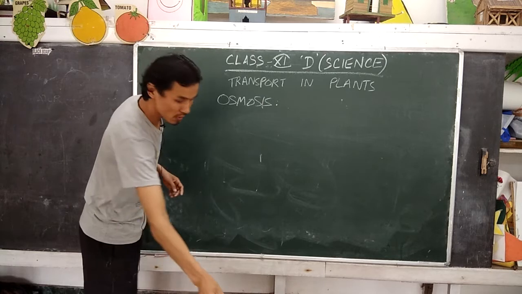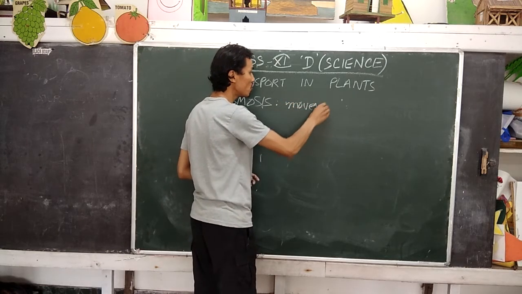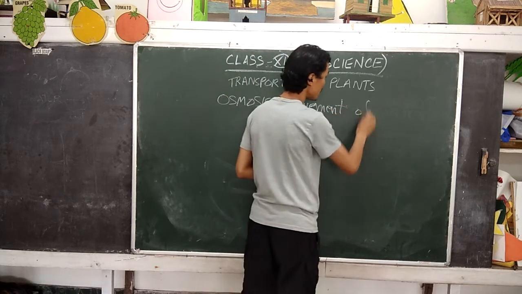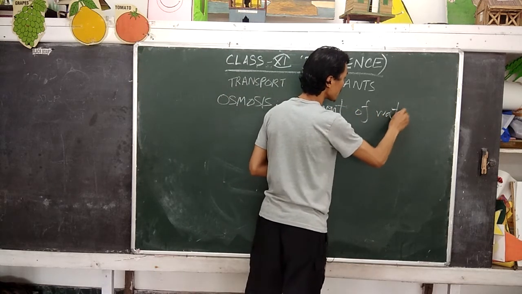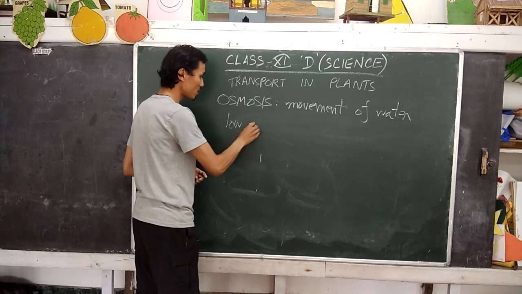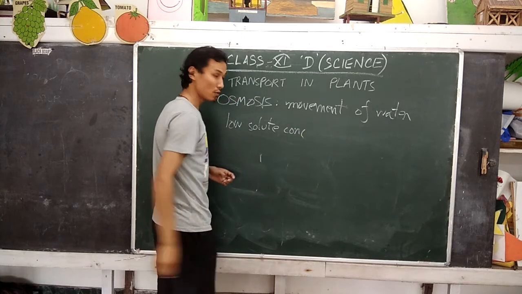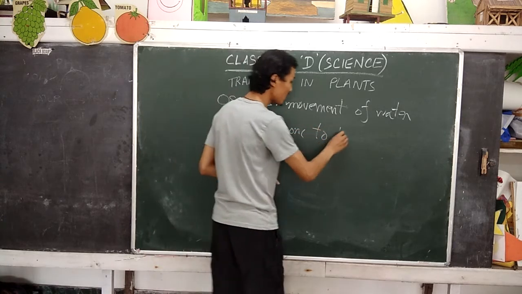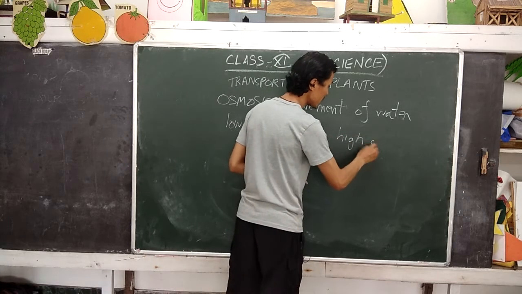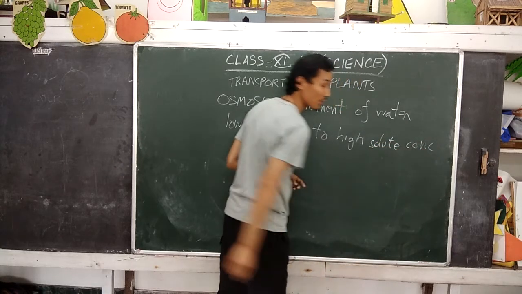So, osmosis is a process in which there is movement of water from a region of low solute concentration to a region of high solute concentration.